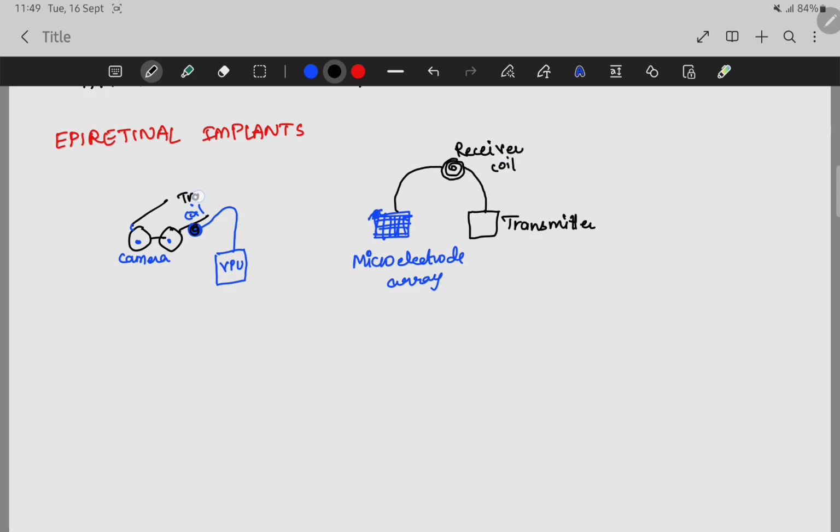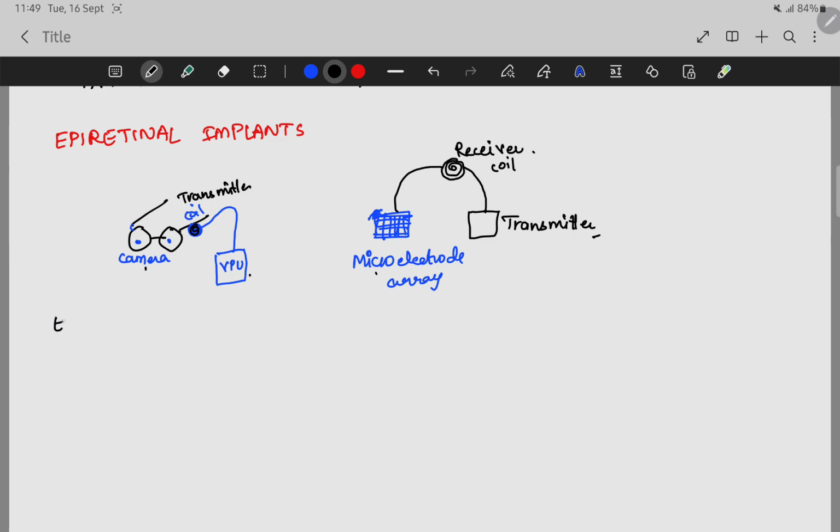So this is also a transmitter. So basically each one has three elements. One is transmitter, receiver and a processor. Okay, so here we have transmitter, receiver, and the processor is the microelectrode array. And here we have transmitter, the receiver and the camera.